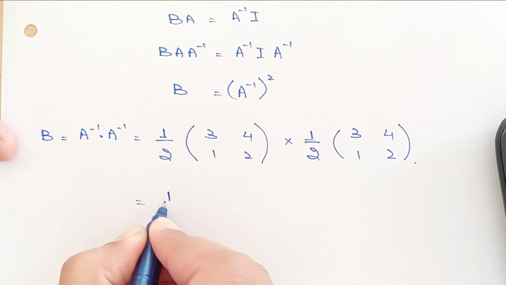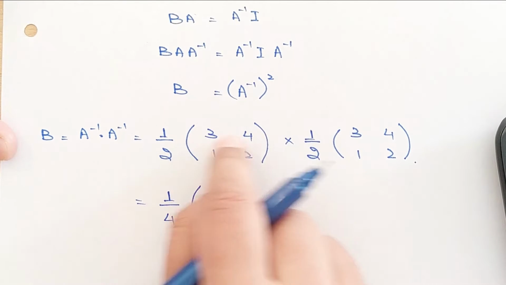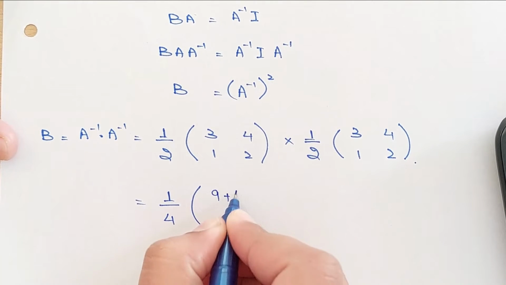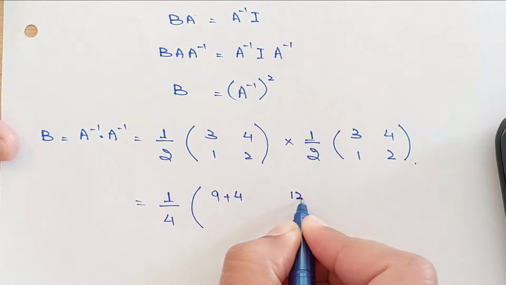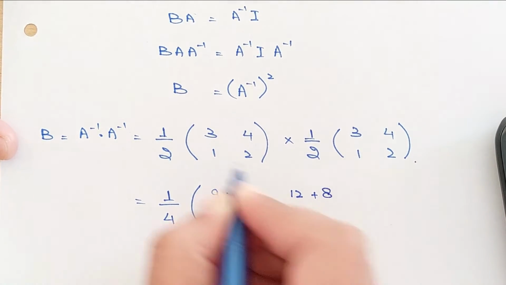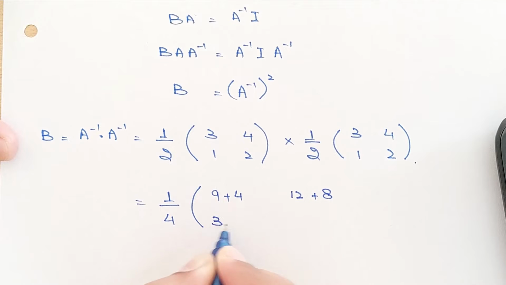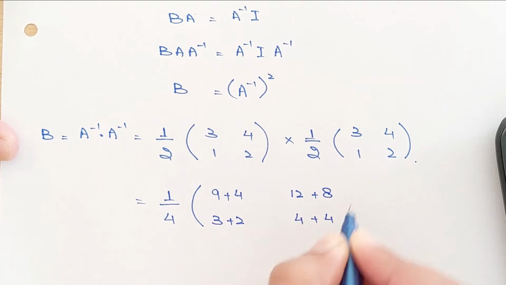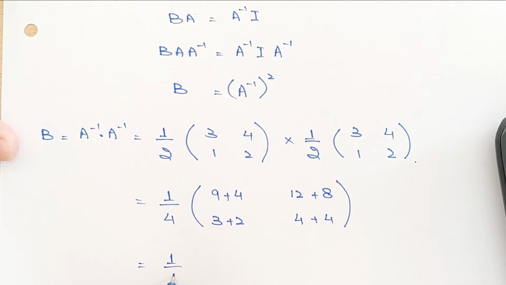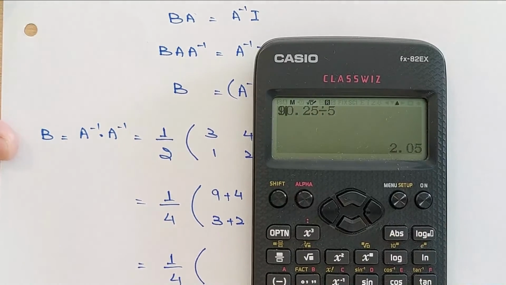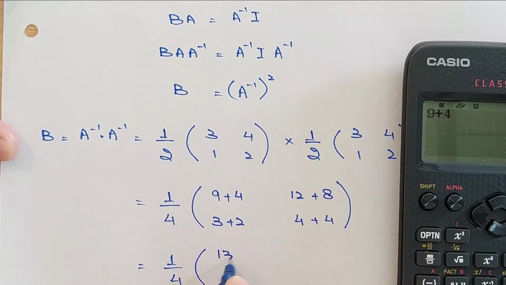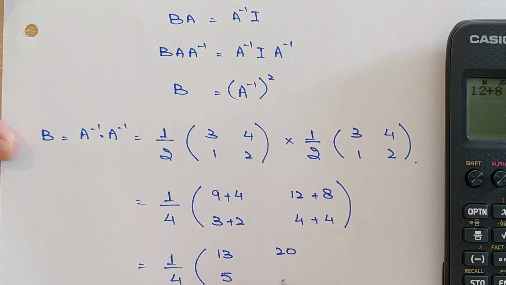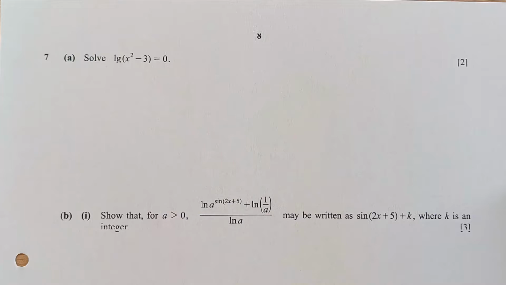So the matrix B is 1 by 4, and doing the matrix multiplication: 3 times 3 is 9, 4 times 1 is 4, so 9 plus 4. 3 times 4 is 12, and 4 times 2 is 8. 1 times 3 and 2 times 1, 3 plus 2. 1 times 4 and 2 times 2 is 4. So we have 1 by 4, and 9 plus 4 is 13, this is 5, and 12 plus 8 is 20, this is 8. So this is the matrix B.